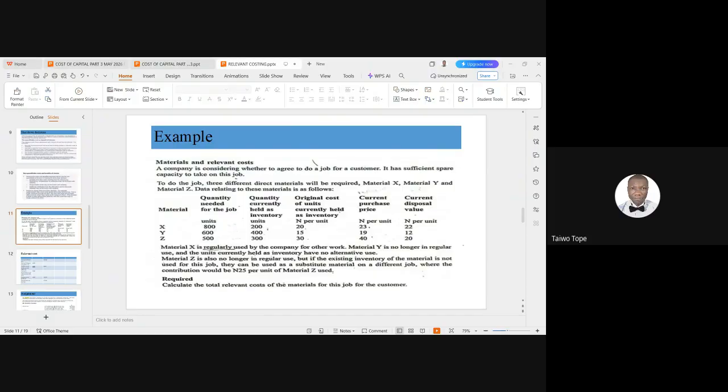It means if you are not using the available material, 400 units in the store, for this production, what will happen? If you are not using it, what will be the other option? Dispose it.